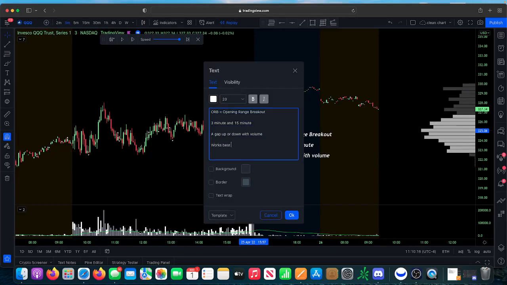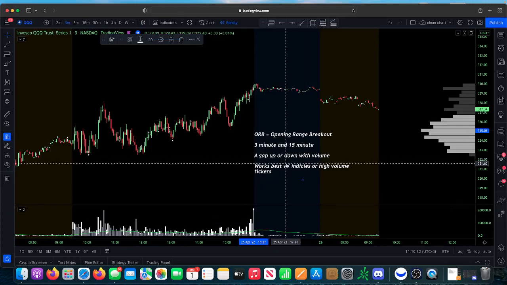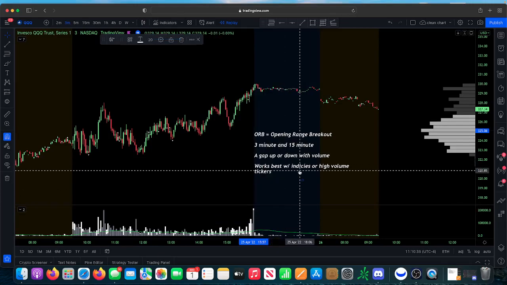Works best with indices or high volume tickers. So again, I'm typically playing the orb on SPY, QQQ, or IWM.